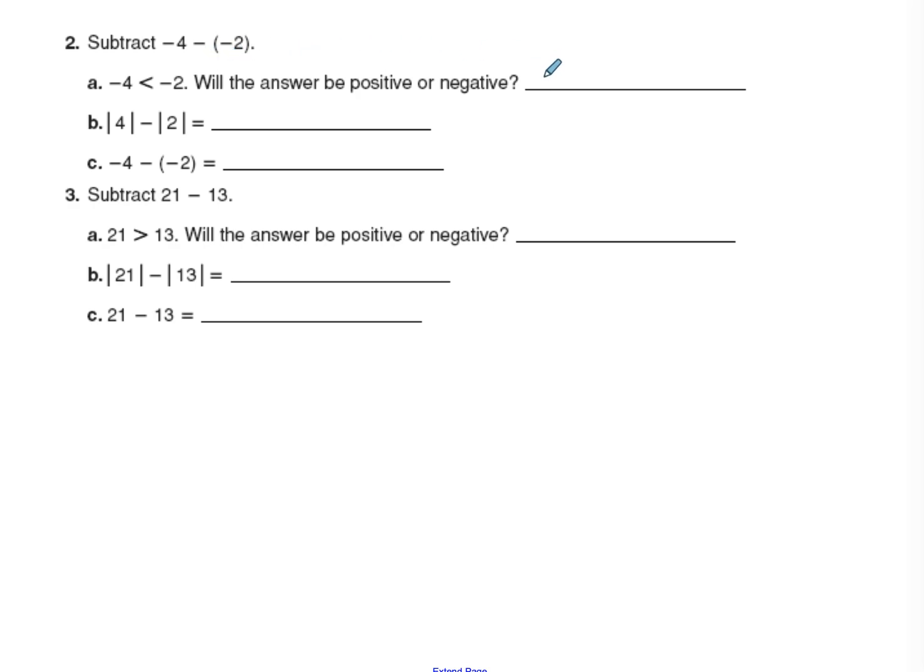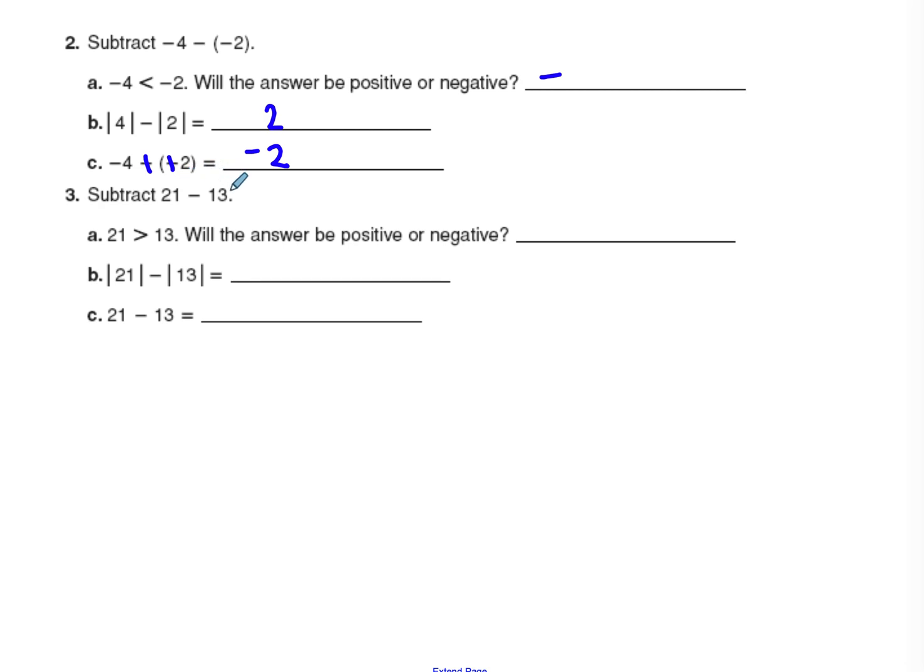So our answer going to be positive or negative? Well, that one's going to be a negative. If I have 4 negatives and I take 2 away, I'm still going to have extra negatives. 4 minus 2, that's 2. And since I know my answer is going to be negative, it's going to be a -2. The other way to do that problem is to do boom change to addition, boom change the sign. 4 minus 2 is 2, more positives, answer is positive.